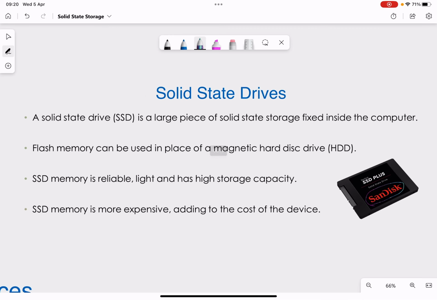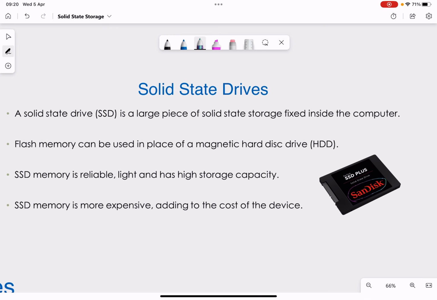So, a solid state drive is a large piece of solid state memory fixed inside of a computer. So these are inside of your machine, okay? SSDs tend to be inside. You can get external ones, but more often than not, you'll be looking at it inside of your computer.